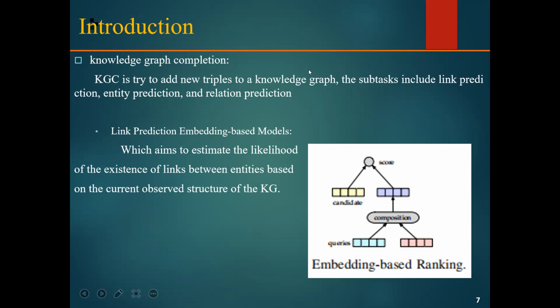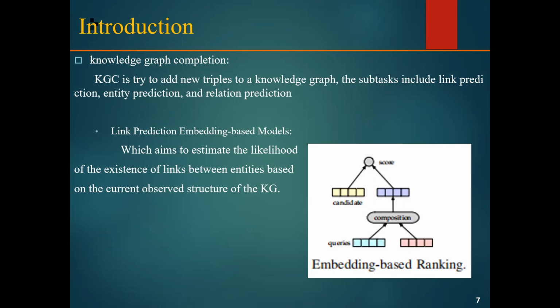If we use it with embedding-based models, taking entity prediction as an example, in the embedding-based ranking method we first learn the embedding vectors based on the existing triples, already predefined in the knowledge representation learning.